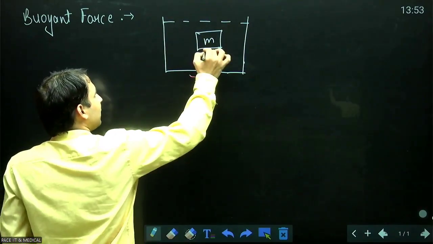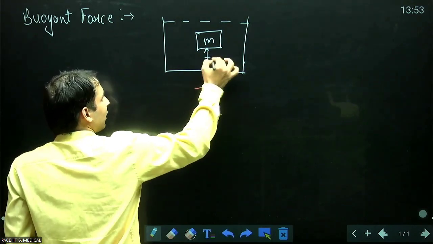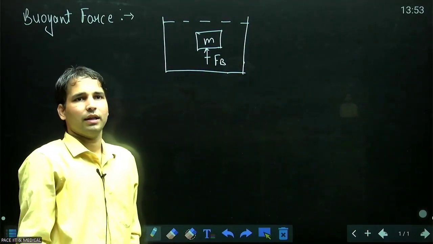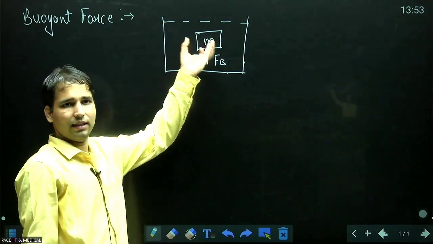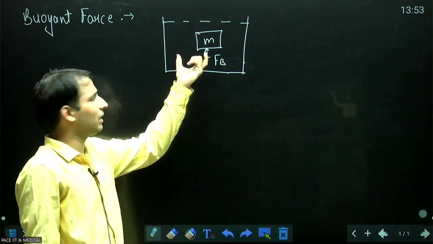So this body will experience a net upward force, which we are calling the buoyant force, right? So this body of mass m, when it is partially inside liquid or completely inside liquid, as of now it is completely inside.